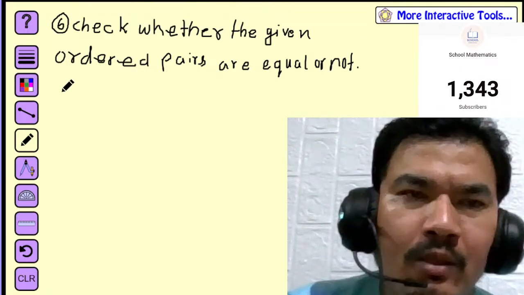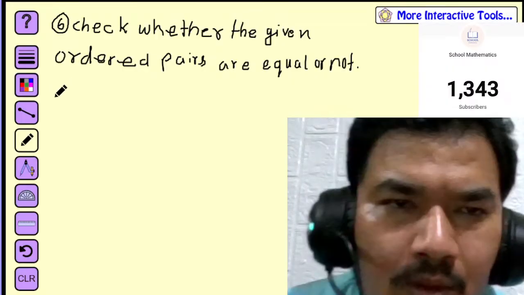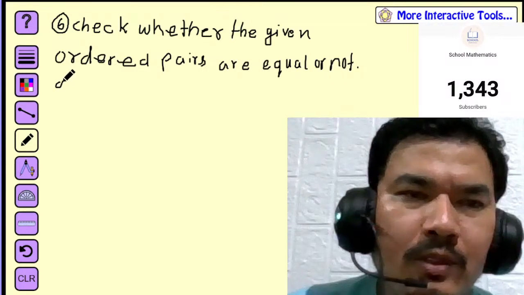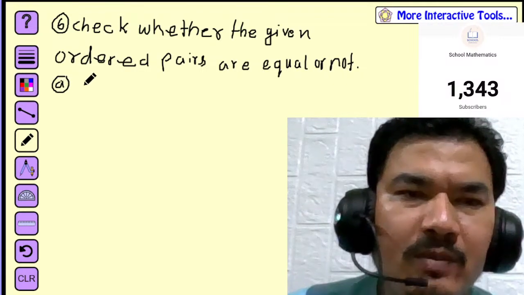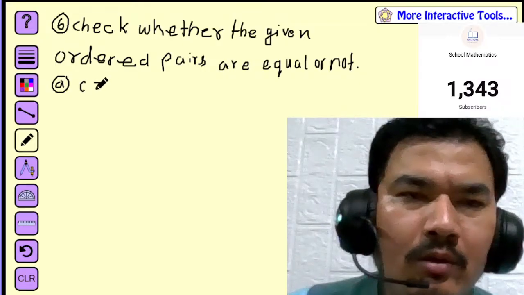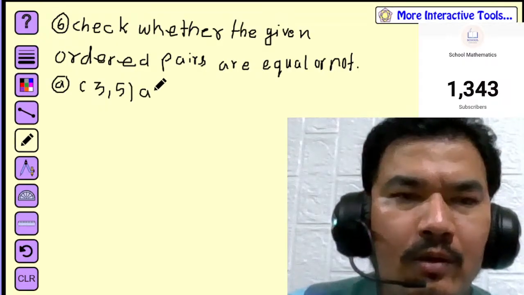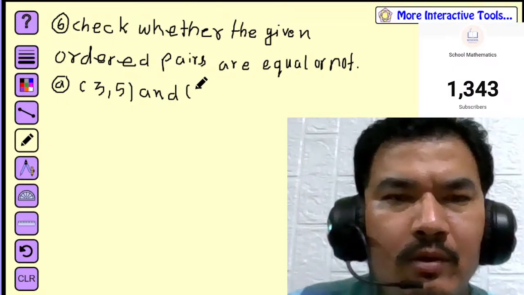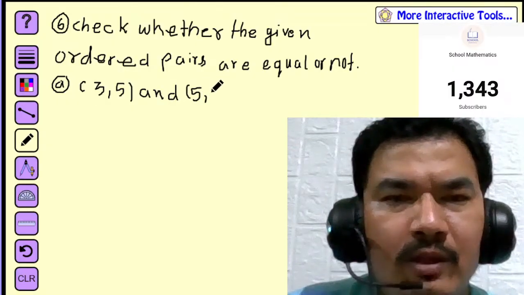Suppose the numbers given there are (3, 5) and the next one is (5, 3).